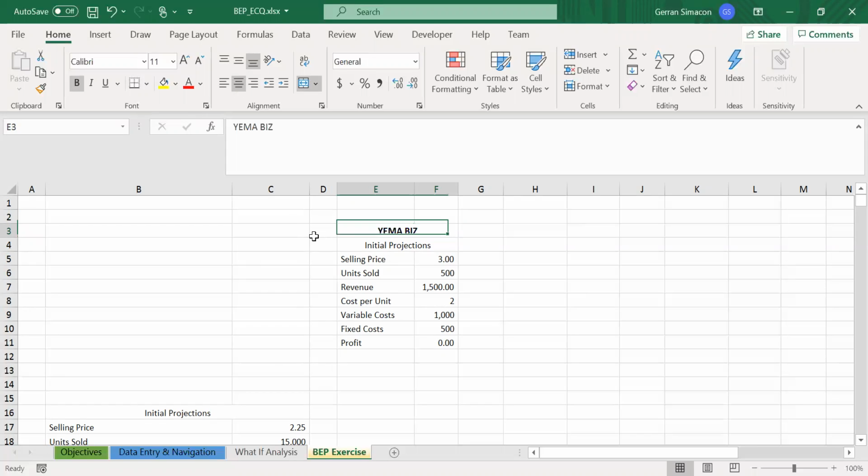Alright. So we have Yema business, diba? So we have initial projections. Okay. The selling price, diba na naugan niya atong selling price is 3 pesos. And then, atong pangitaon the number of units to be sold para ma-break even ka, diba? Revenue. So, ang composition ng revenue is selling price times the number of units to be sold.